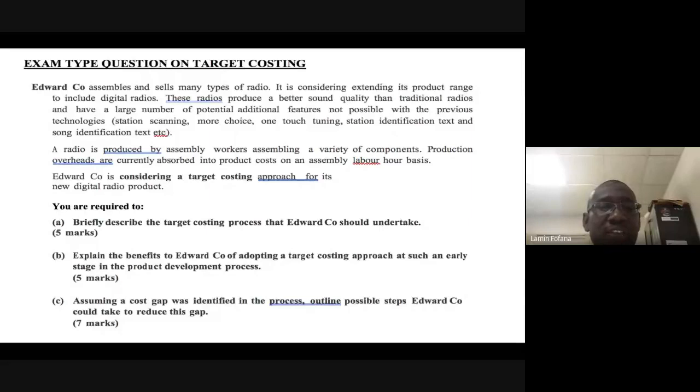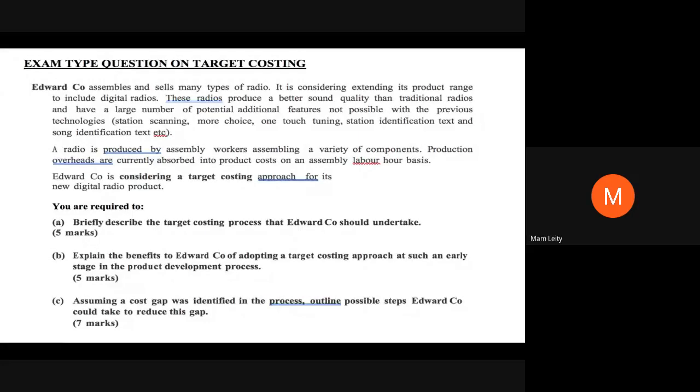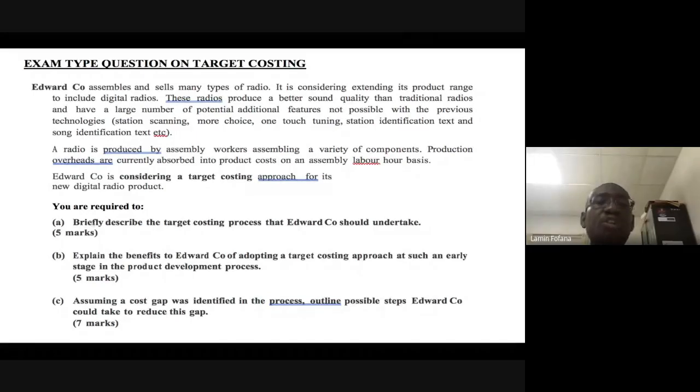If you determine your target costs, are you going to have any issues when it comes to cost reduction in the future? No, you don't have any, because you have already gone ahead and done your cost reduction.